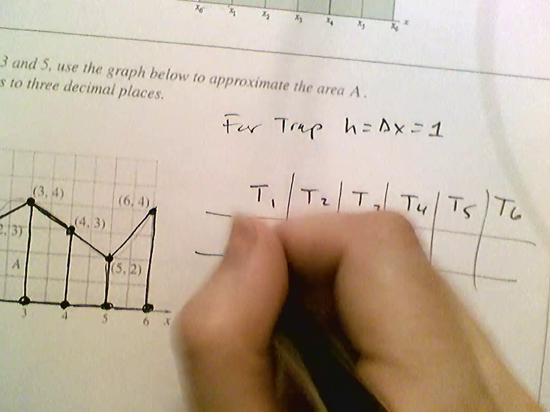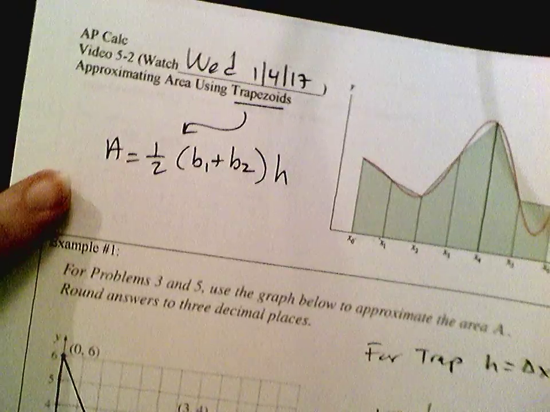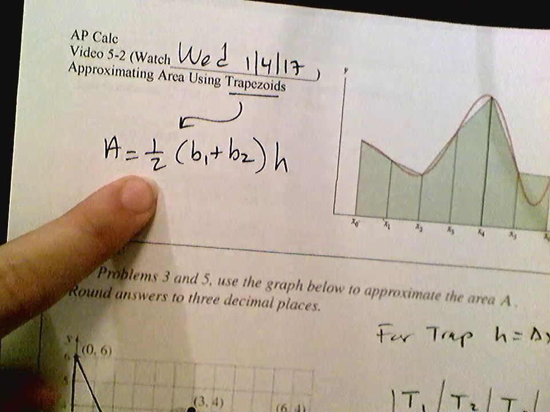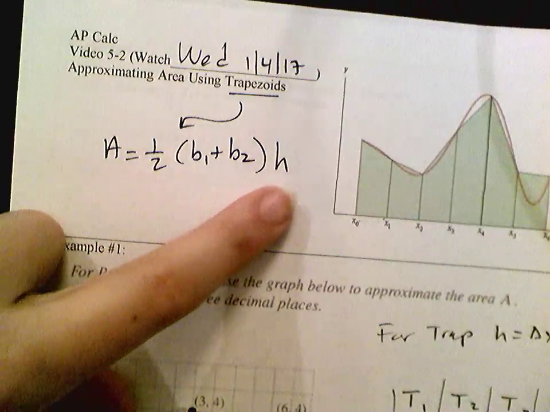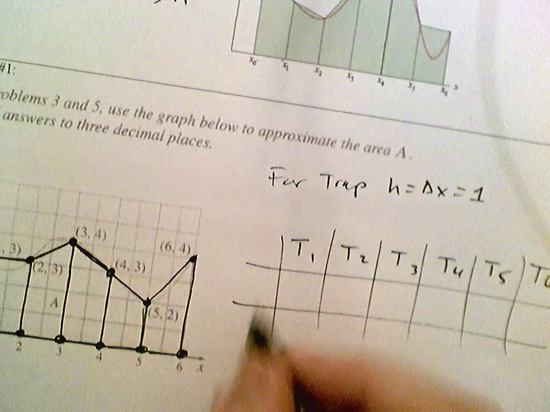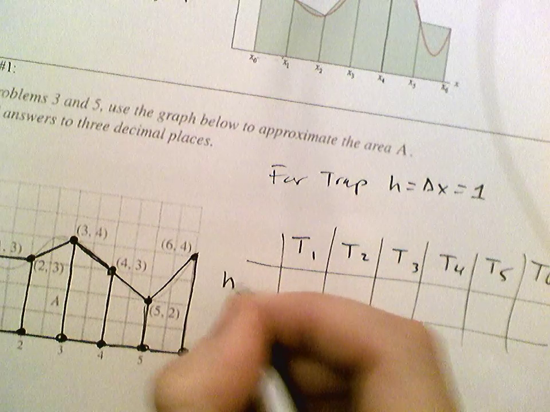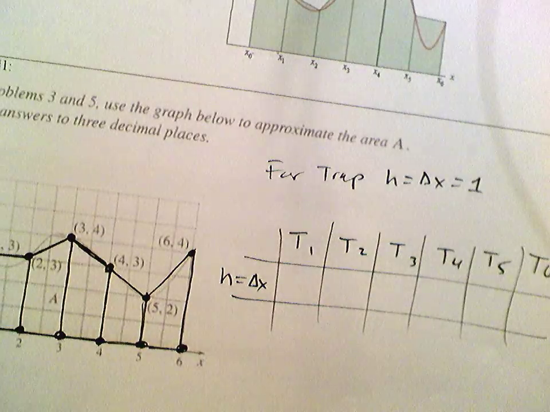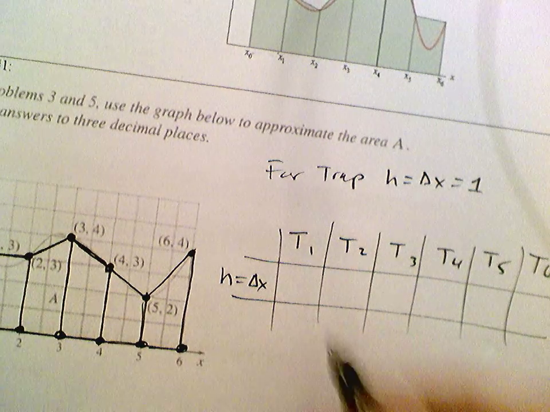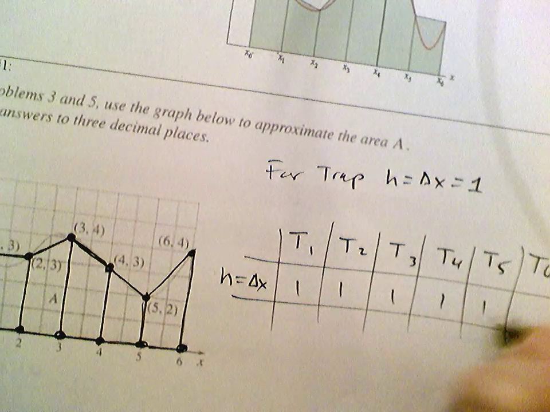And the information we need to use this formula, we'll multiply everything by 1/2 at the end, because that's never going to change. But what's really important is the height, base 1 and base 2 for each trapezoid. So here, the height, remember, is delta x. For rectangles, the base would be delta x, but for trapezoids, the height is delta x. And it's just 1 all the way down the line.